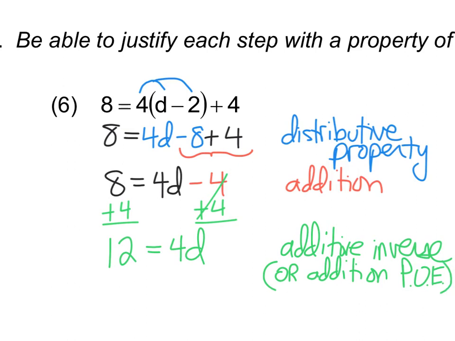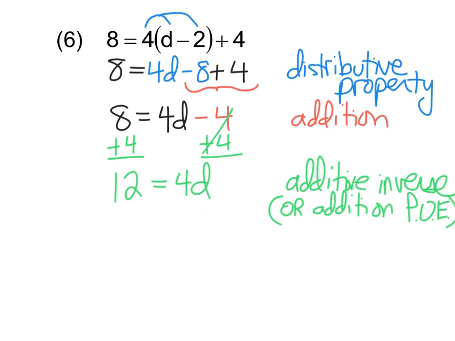All right, next move. And really the last meaningful move is what? Divide by 4. So we got 3 equals D. Final answer. Wonderful. What property justified that? Division property of equality.